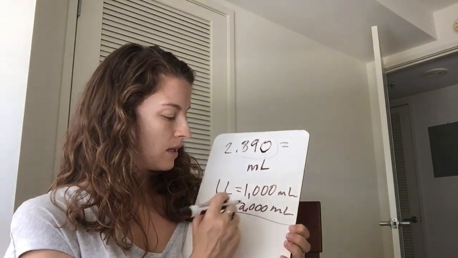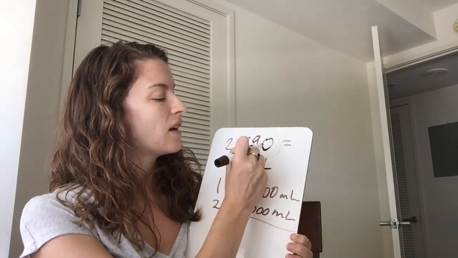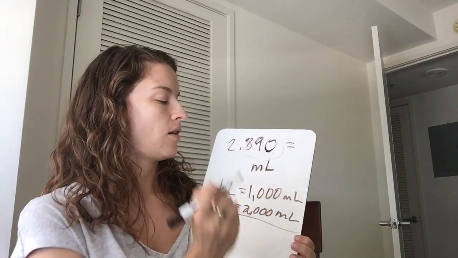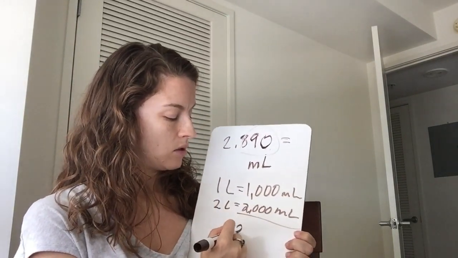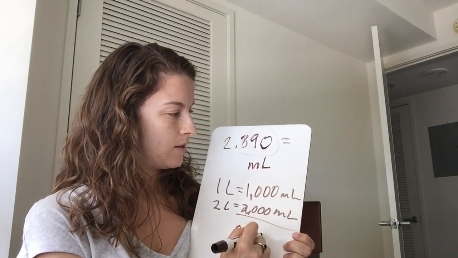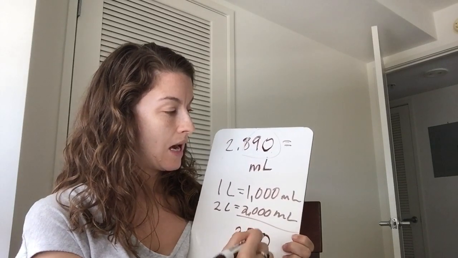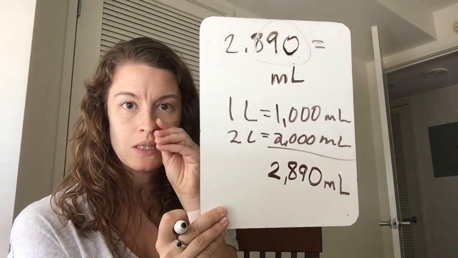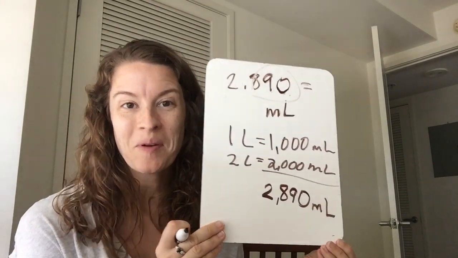So the answer is this 2,000 plus the 890, because it wasn't a full 1,000 to make another whole liter, becomes 2,890 milliliters, which we didn't really talk about much in detail. So hopefully this will help you, okay?